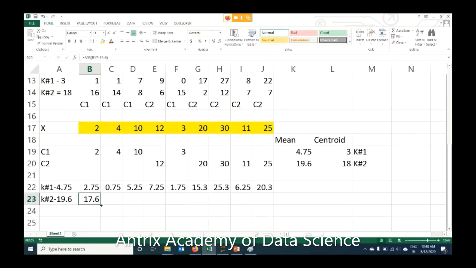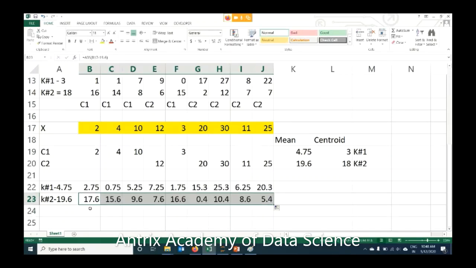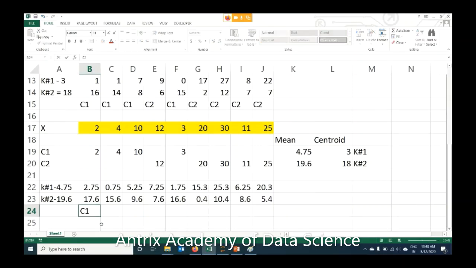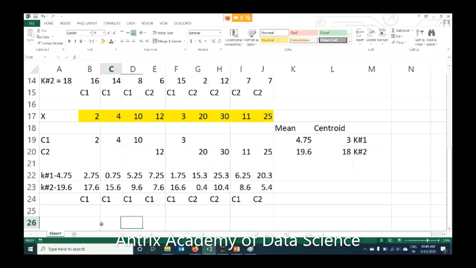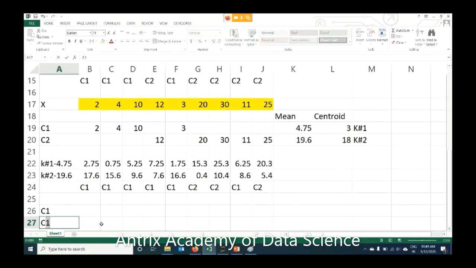So I'll drag it here. So I'll allocate them to centroids C1, C1, C1, again C1, again C1 is lower, then this is C2, this is C2, this is C1, this is C2. So let's see if we are methodically okay, then we'll verify it, C1 and C2.